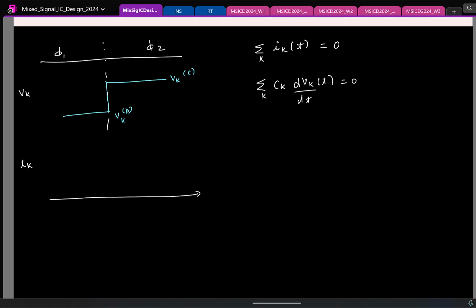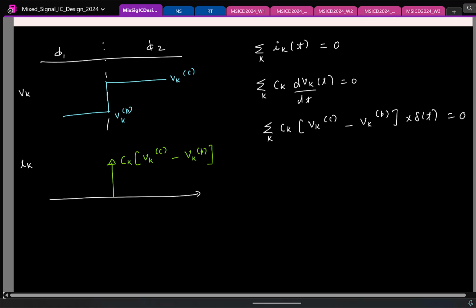What will be the area of the impulse? Ck times the difference between the voltages: the voltage in the current phase minus the voltage in the previous phase. So this becomes Ck times Vk in the current phase minus the capacitor voltage in the previous phase, times delta of t. This is the current.